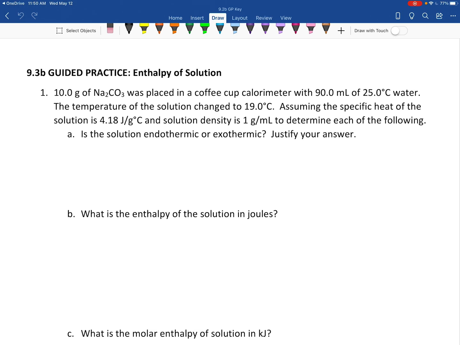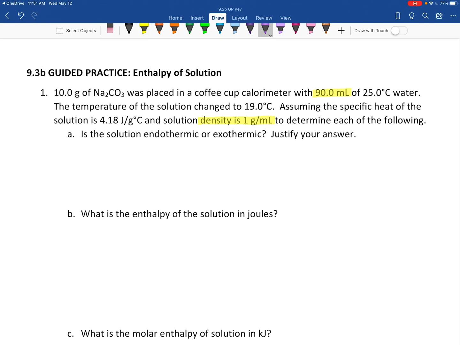Before we even start discussing the problems, I want to look for a couple cues. One thing is I was given the solution density of 1 gram per milliliter, and I was given water. The amount of water that was added is 90 milliliters. The density of water is approximately 1 gram per milliliter at 25 degrees Celsius.